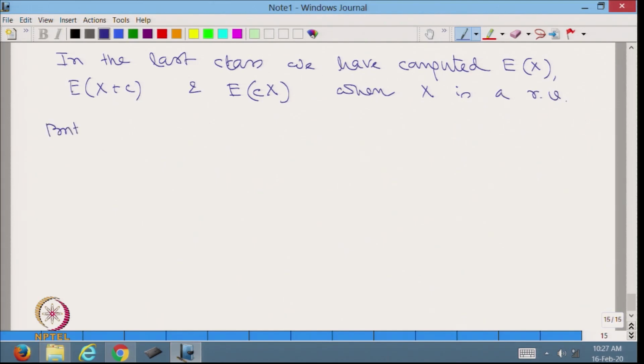But all these above functions are linear in x.